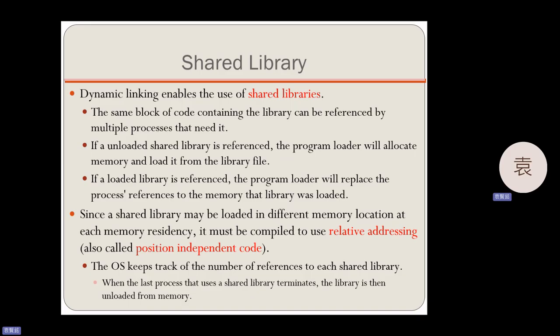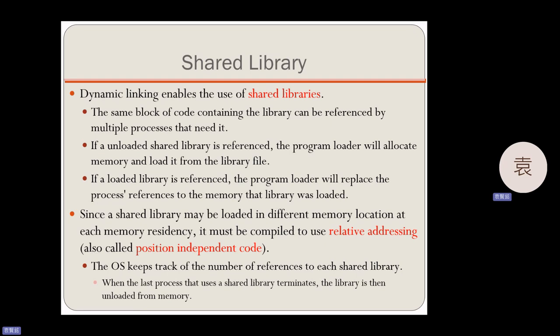For shared libraries, dynamic linking enables the use of shared libraries. The same block of code in a library can be referenced by multiple processes that need it, and they are all currently in memory, ready to run.